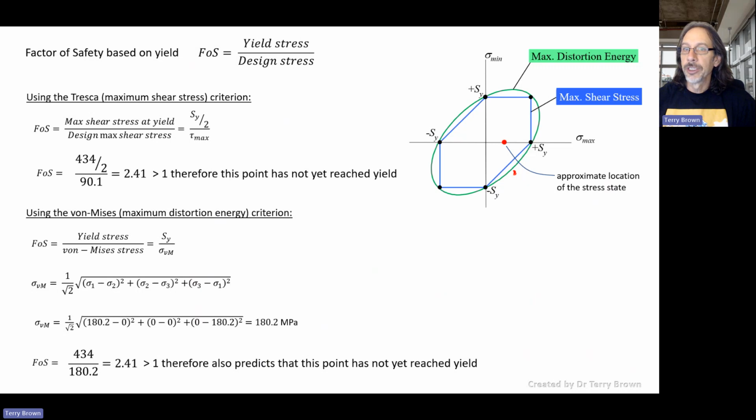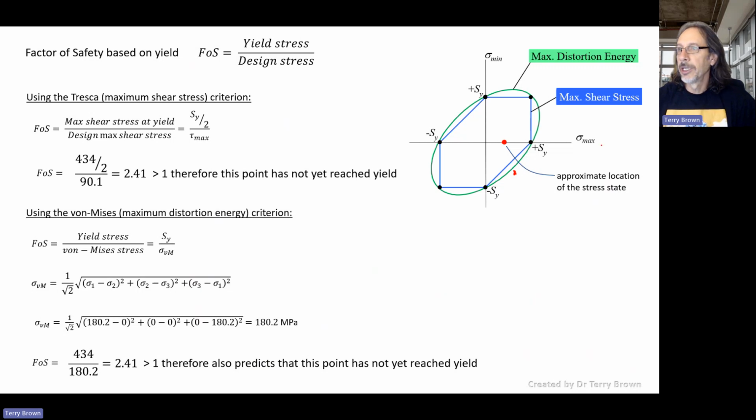And our failure criteria will predict that the material has yielded at that point. So we've got a maximum principal stress of only 0.7 of the yield stress, and yet the failure criteria says that the point has yielded. So that's why you need to have a failure criterion.